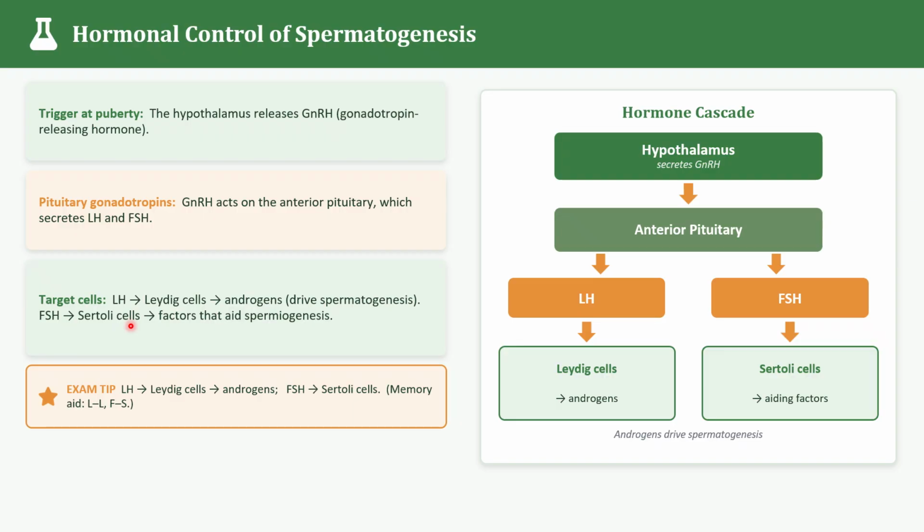What is very important is that together, testosterone and Sertoli cells ensure the normal sperm production. Here I have given hypothalamus, anterior pituitary, luteinizing hormone and follicle stimulating hormone. Leydig cells secrete androgen, and Sertoli cells are the aiding factors. Right children, let's move on to the next one.